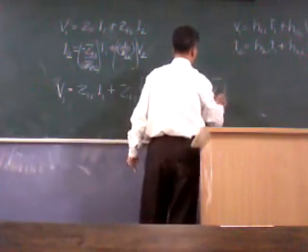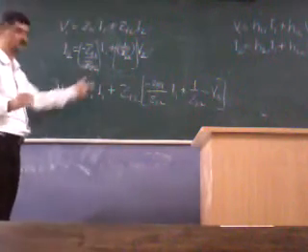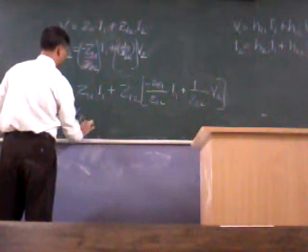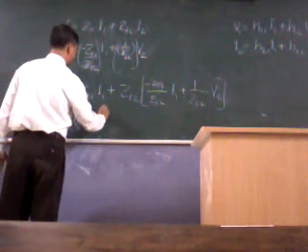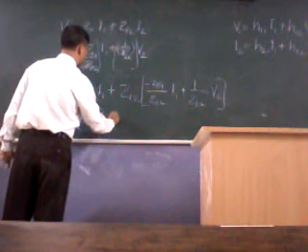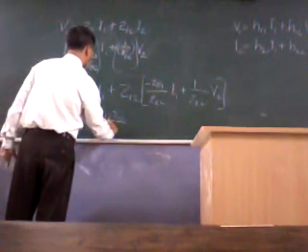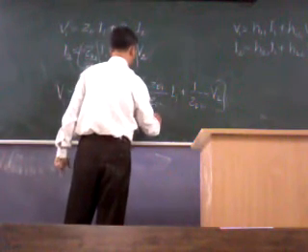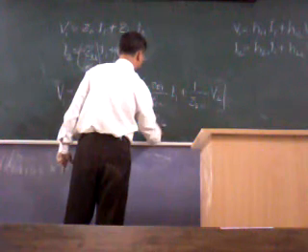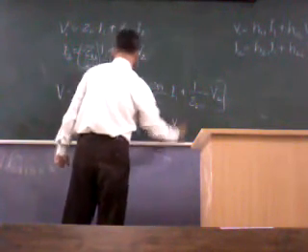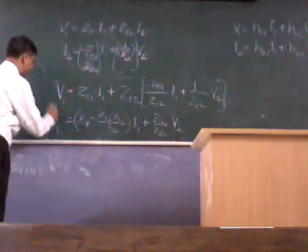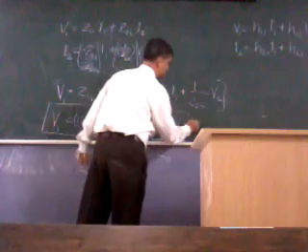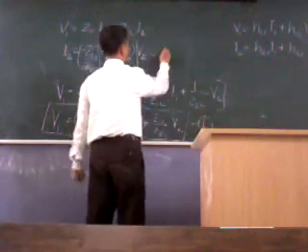And I got just what I wanted. Is it? So I can rearrange. So Z11 minus Z12 Z21 upon Z22, I1, plus Z12 upon Z22 V2. So this is equation 1 and this is equation 2.